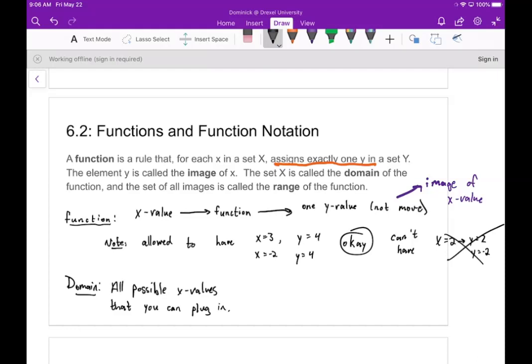So what I mean by that you can plug in is that there's no x values that cause division by 0 or any weird things like that. And then the range is all possible y values that can come out, or that can be reached by a certain x value. All right, so that's some terminology on functions.